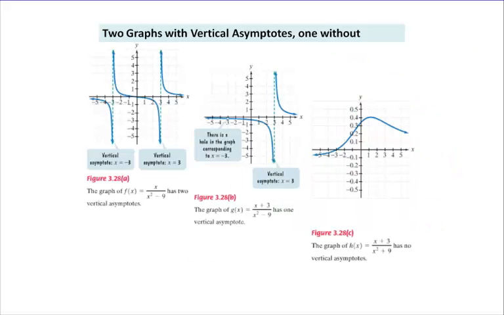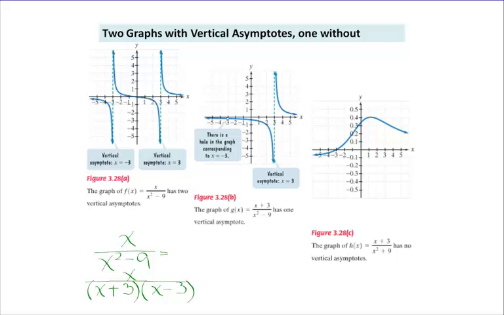We're going to take a quick look one more time at analytically what we need to know to determine whether we're dealing with a vertical asymptote or whether we're dealing with a hole. We're going to look first at this function. I can factor that denominator. It's the difference of two squares, so I know that factors like that.